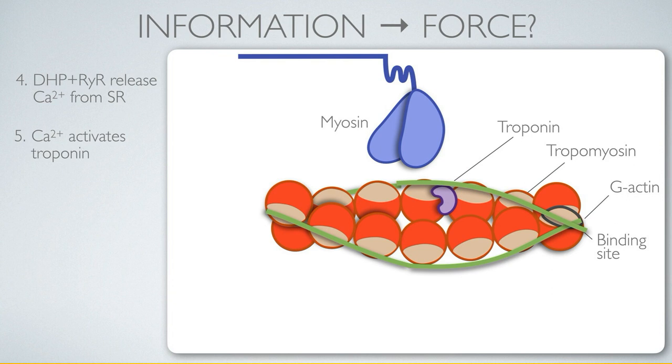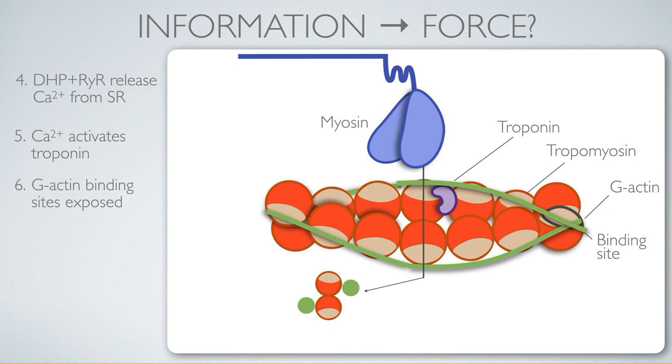And when it changes shape, it pulls the tropomyosin out of the way, which makes the binding site accessible. If you look at that in cross-section, so we're taking a slice through two G-actin monomers with their binding sites blocked by a cross-section of two tropomyosin molecules, we can see that the troponin serves to essentially rotate the tropomyosin out of the way once it's bound that calcium ion.